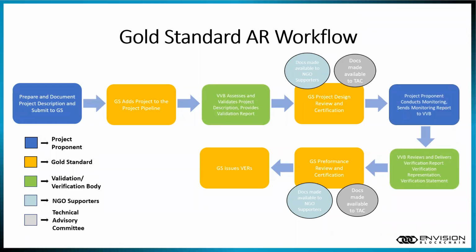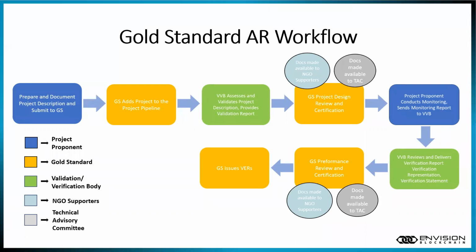So for Gold Standard, we're going to have 5 different roles. We have our project proponent, Gold Standard as a registry, the validation verification body, NGO supporters, and the technical advisory committee. And if we start to the far left, the project proponent would prepare and document the project description and submit it to Gold Standard.